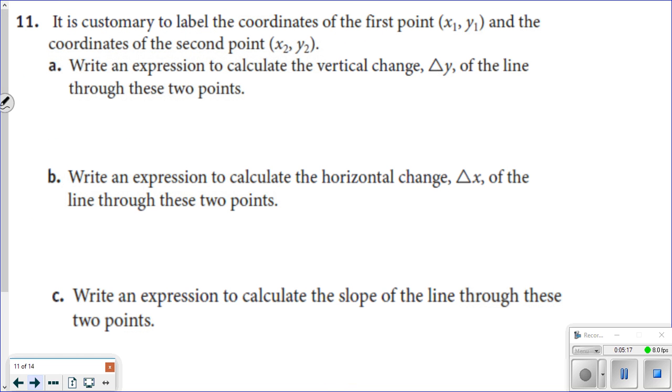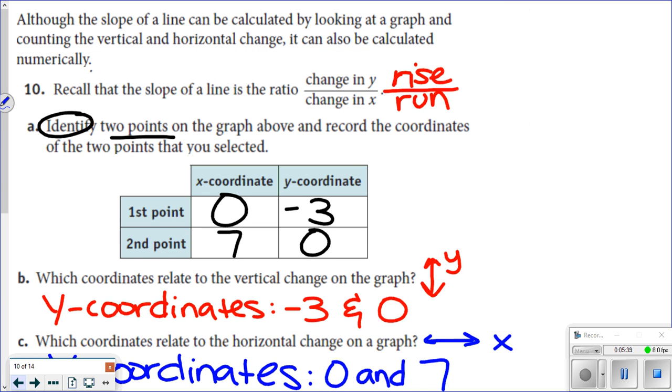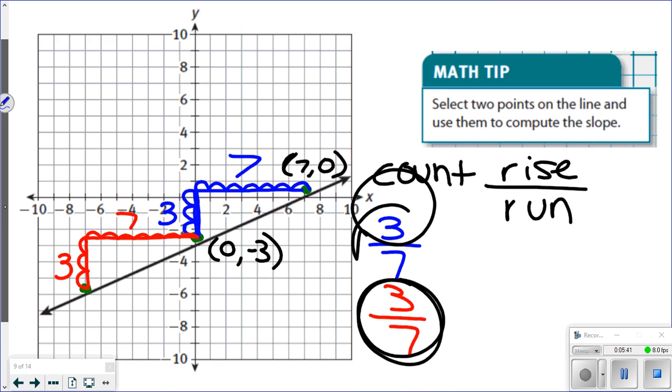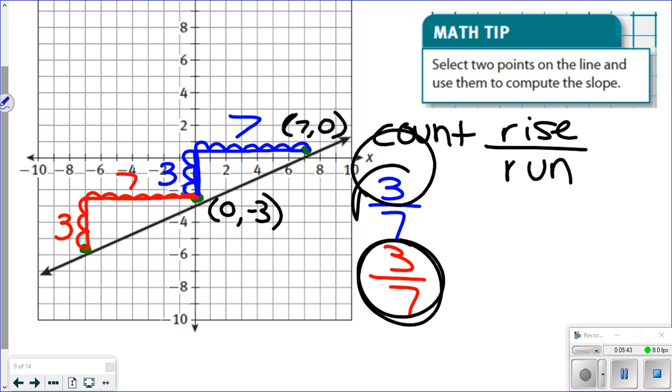Question 11. Normally, we label the coordinates of the first point as x1, y1, and we label the coordinates of the second point x2, y2. Okay, so let me show you an example of that. So here, this is our x, and this is our y.